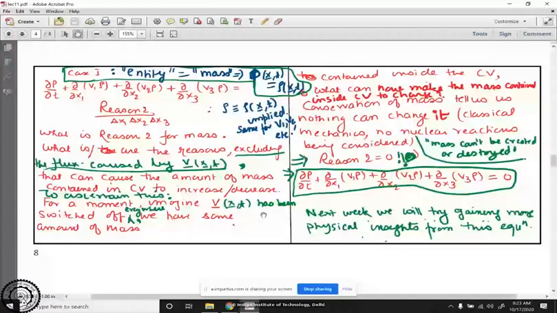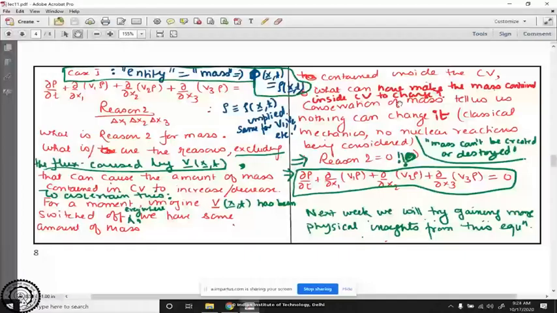Whatever mass is there inside the control volume has stopped flowing out, and no mass is coming inside either. So you have an amount of mass, 5 kg. For a moment you imagine V(x,t) has been switched off, and then ask what can now make the mass contained inside the control volume change. So that is what reason 2 is, over and above the flux.